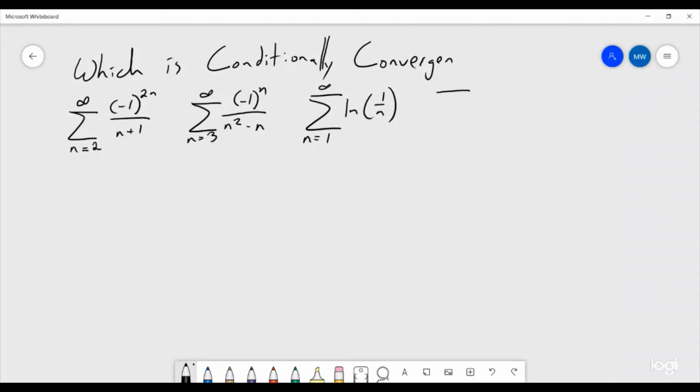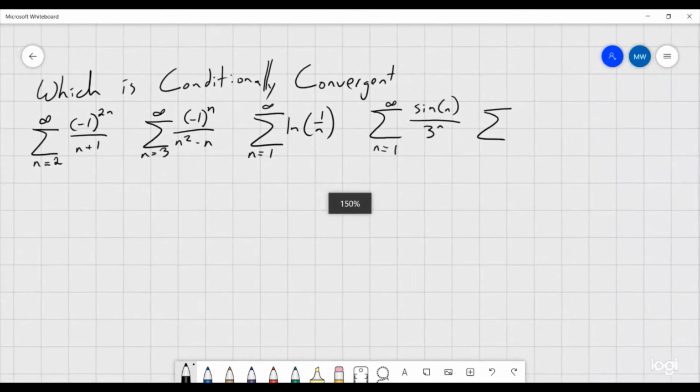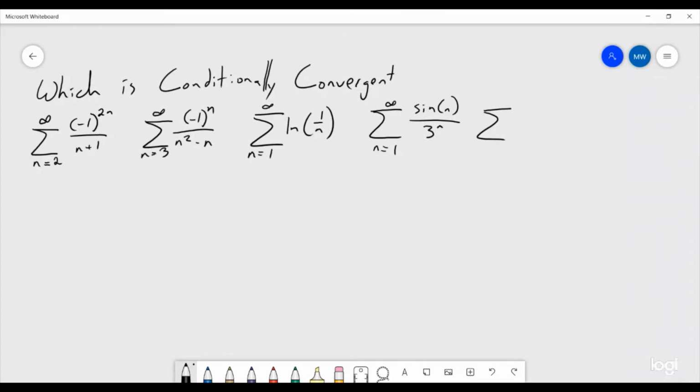We have the sum from n equals 1 to infinity of sine of n over 3 to the n, and then we have the sum from n equals 1 to infinity of n times -1 to the n all over n squared plus 5n plus 1. So we're trying to figure out which of these is going to be conditionally convergent.